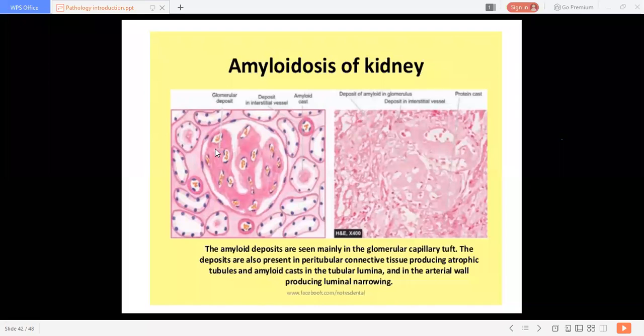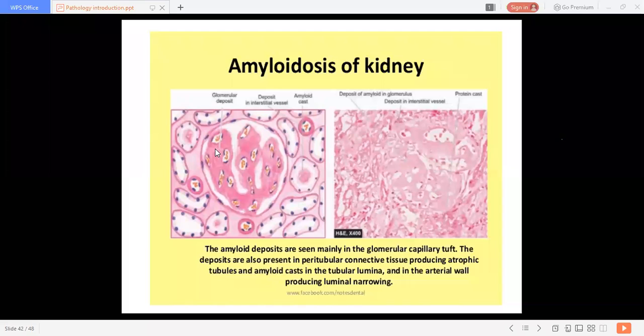Amyloid is deposited primarily in the glomeruli, but we can see this amyloid in other parts like interstitial peritubular tissues, then arteries, then arterioles also show this deposition of amyloid.